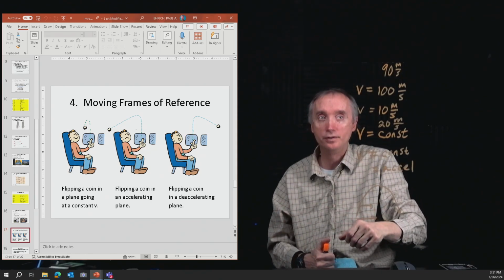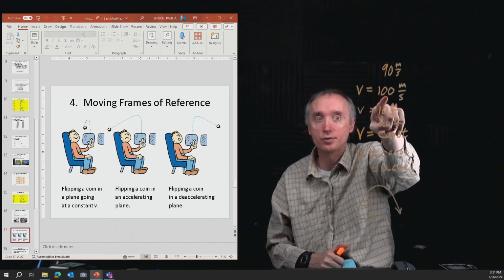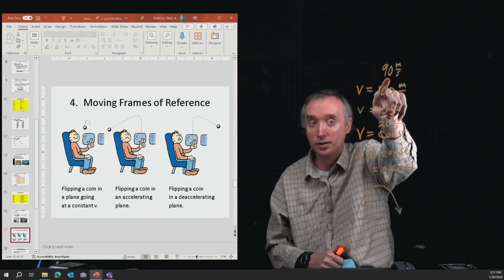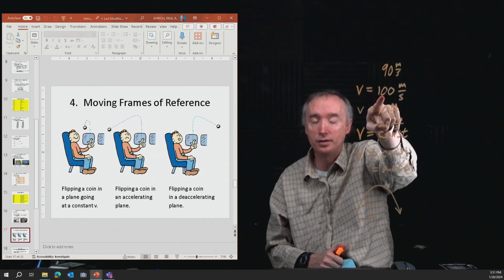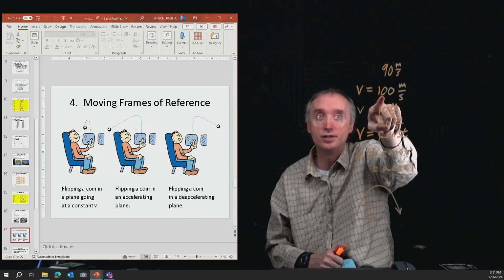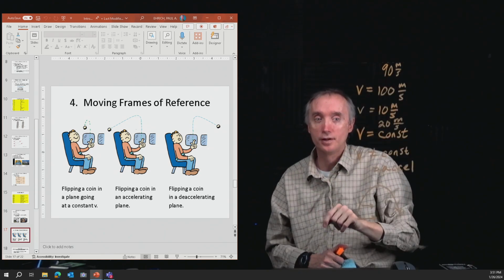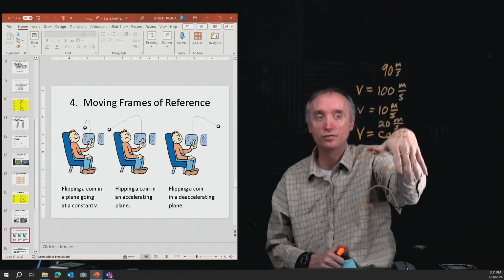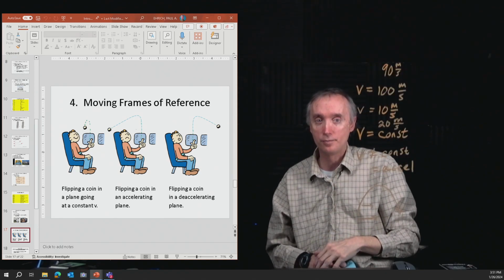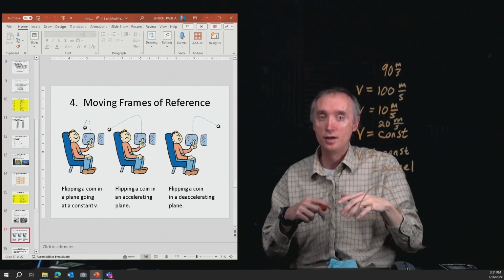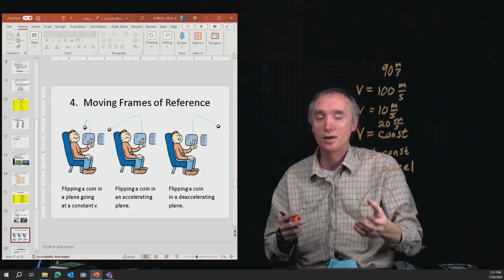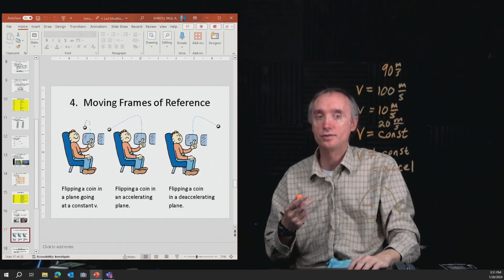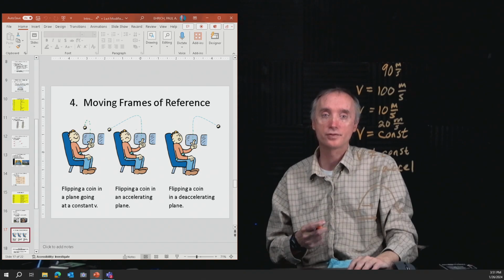So now the coin is still going at 100 meters per second, but the airplane is going slower. So now the coin is the one that can outdistance the airplane. And so look at that third picture, and now you see the coin is flying in front of the passenger, as though there's some unexplained force acting on that coin. It's not. It's just that it's in a different frame of reference.